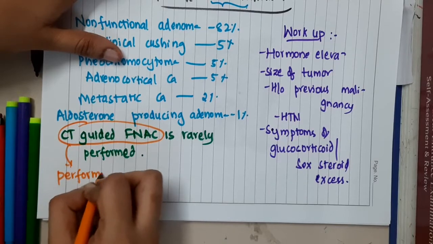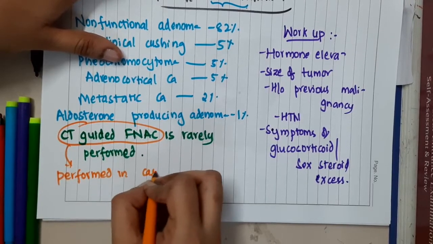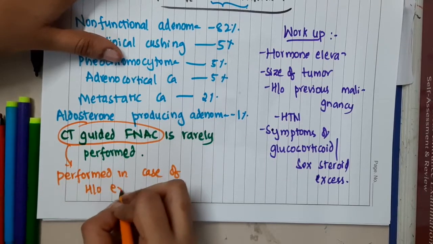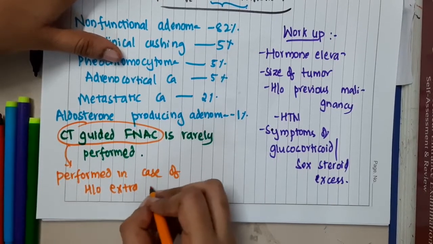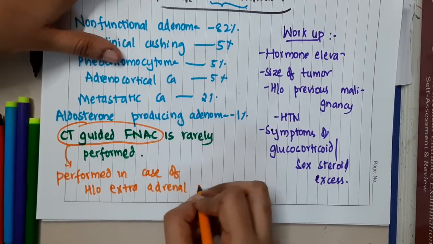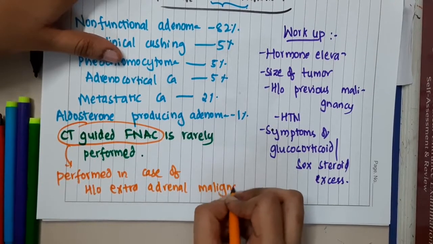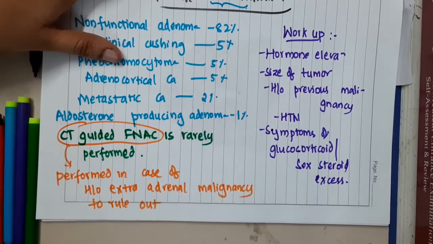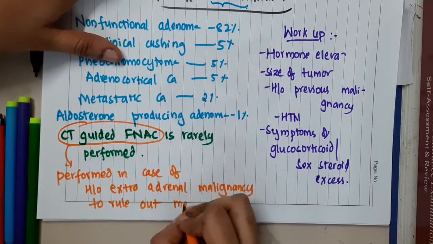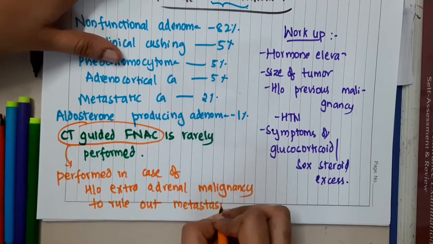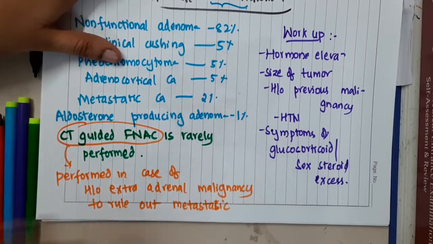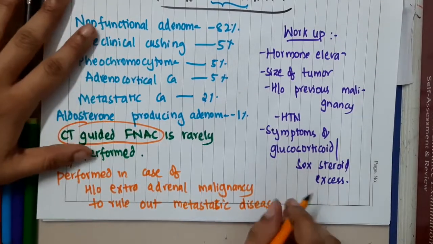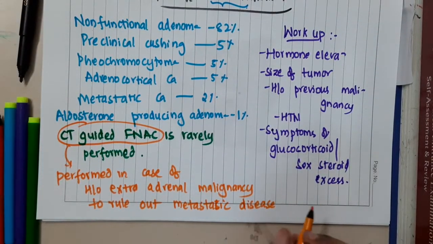But it is performed if there is a history of extra adrenal malignancy, or to rule out metastatic disease. In case of extra adrenal malignancy or to rule out metastatic disease, we can perform the CT guided biopsy.